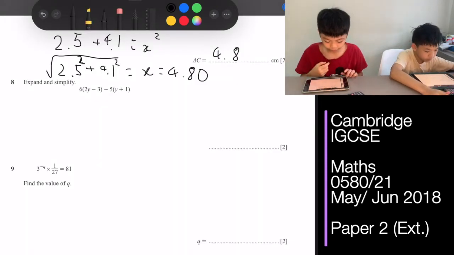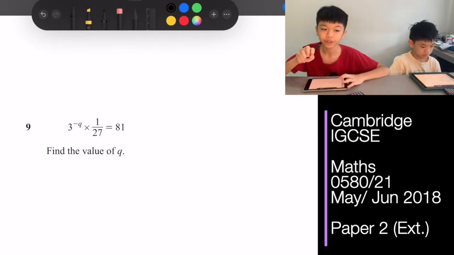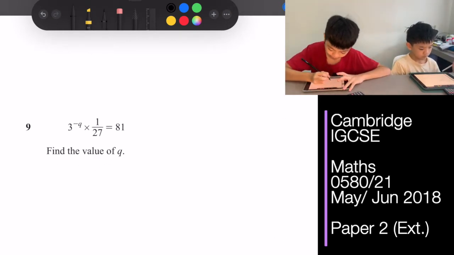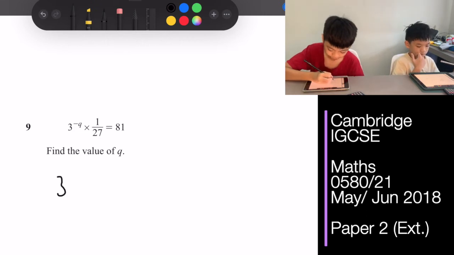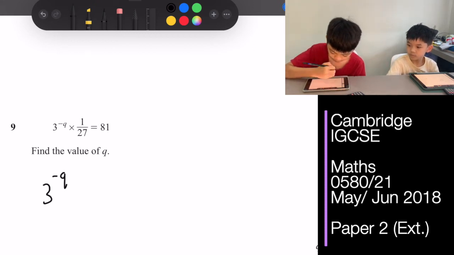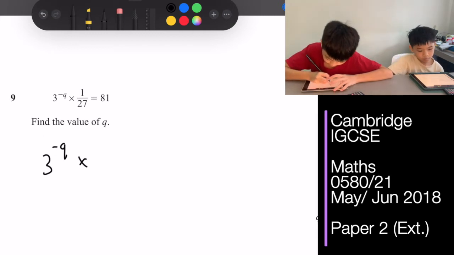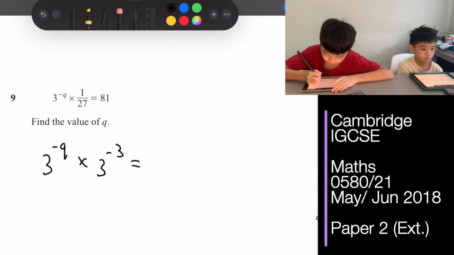For question 9, find the value of q. So to do this, firstly there's something in common that all of these numbers have, which is the number 3. So 3 to the power of negative q, we don't know what q exactly is, multiply 1 over 27, which is basically 3 to the power of negative 3, which equals to 3 to the power of 4.